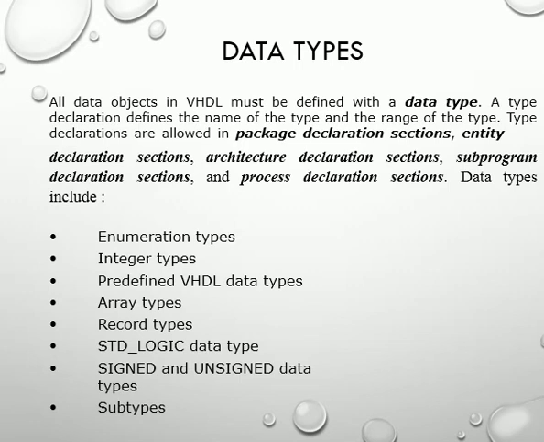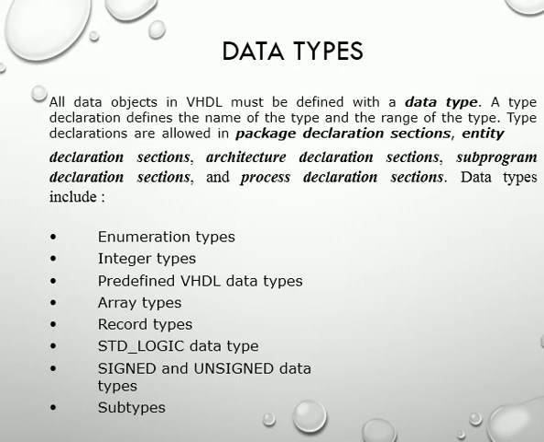These type declarations are allowed in package declaration sections, entity declaration sections, architecture declaration sections, subprogram declaration sections, and process declaration sections. That means whenever we are doing VHDL programming, in almost every section we need to specify a data type.